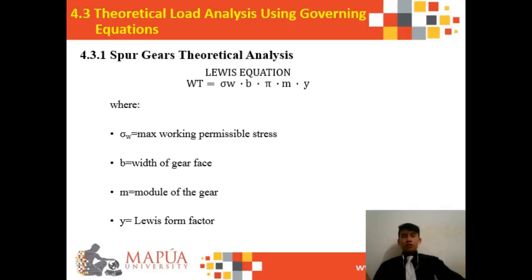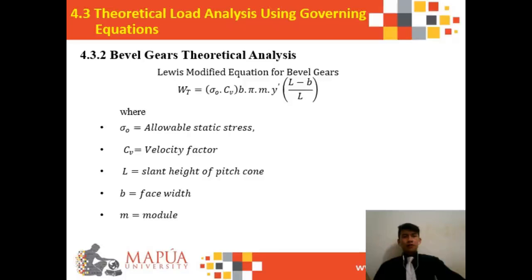So for the materials, we use steel as our basis, and the properties of the steel can be found in Appendix P on the paper.